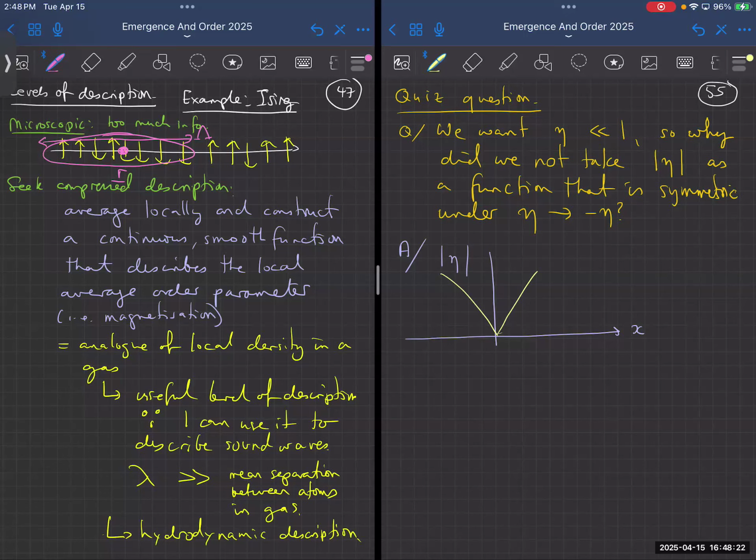So what's wrong with that? Is it somehow problematic for the derivative of L with respect to eta to be finite when eta is very small?